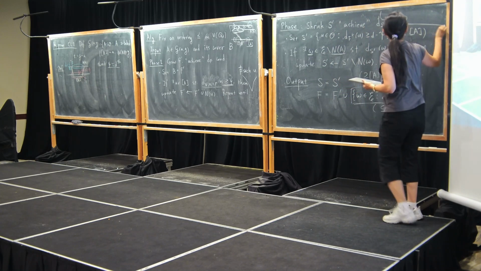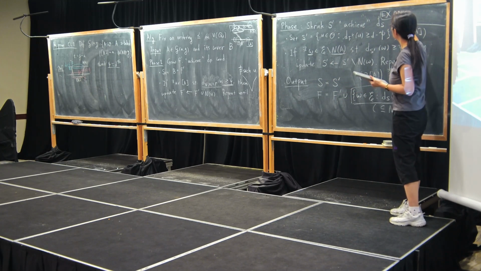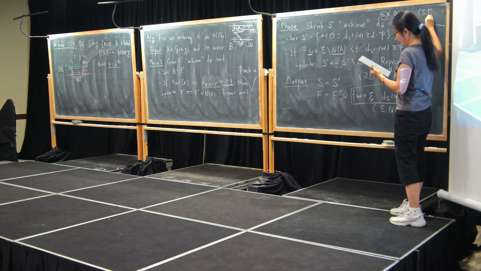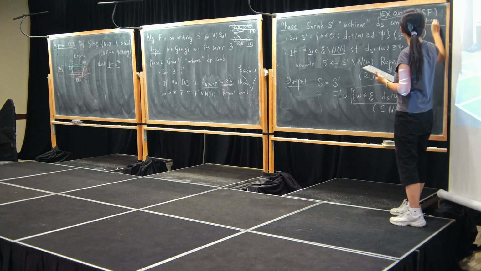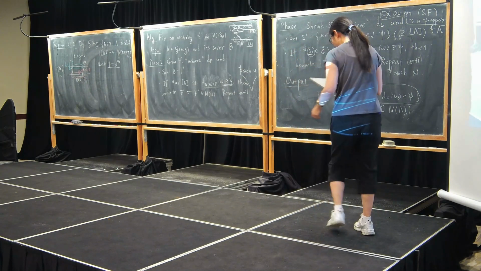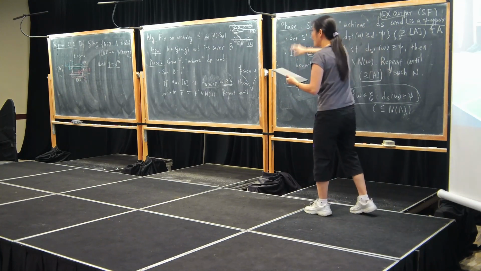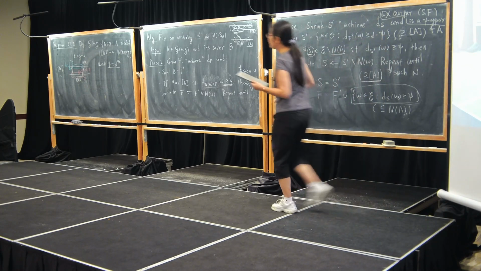So let me write it down here. An easy exercise is that this output, S, F, is a psi approximation of the input A. But the final part is that the cost of the output of this algorithm is what we expect.